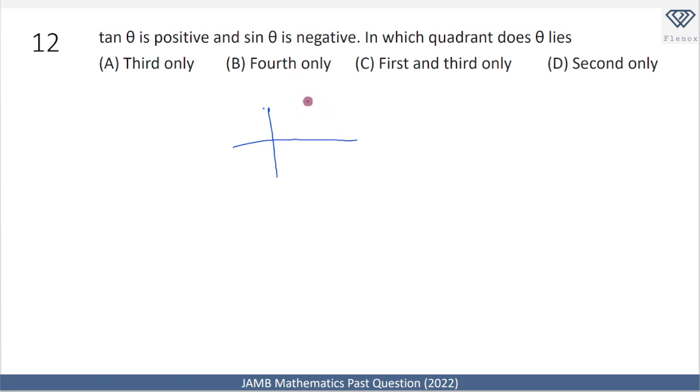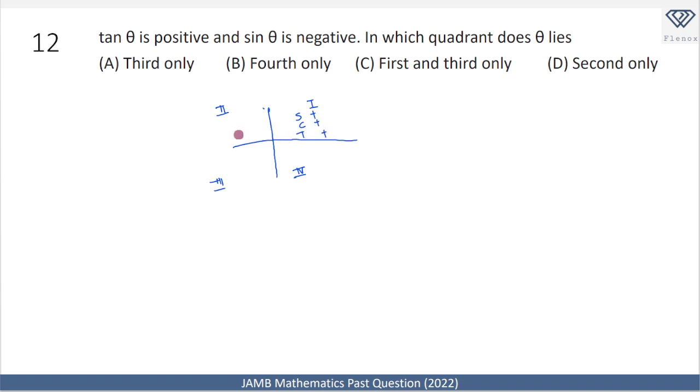So we have our first quadrant, our second quadrant, our third quadrant, and our fourth quadrant. Now in our first quadrant, sine theta is positive, cos theta is positive, and tan theta is also positive.